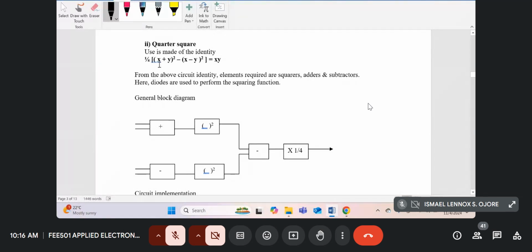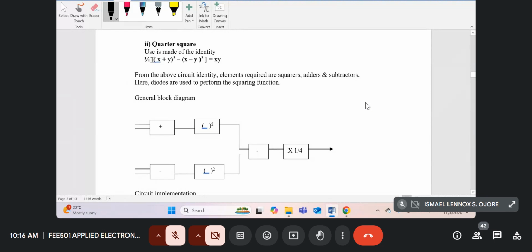If you want to do the maths, (x plus y) squared is x squared plus 2xy plus y squared. And if you expand the second term, (x minus y) squared will be x squared minus 2xy plus y squared. So if you subtract the two, you'll get 4xy, and a quarter of that will be xy.